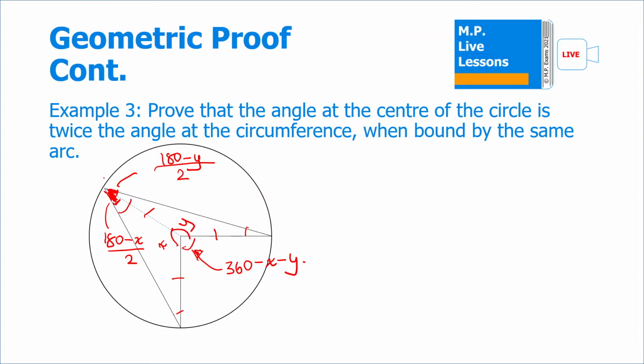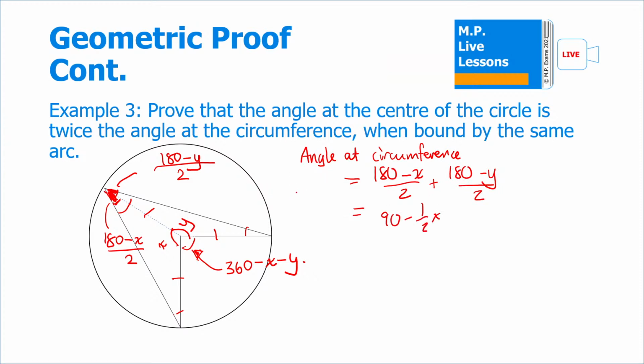Now, so overall angle at the circumference, this gets us 90 minus half x plus 90 minus half y, which is 180 minus half x minus half y.